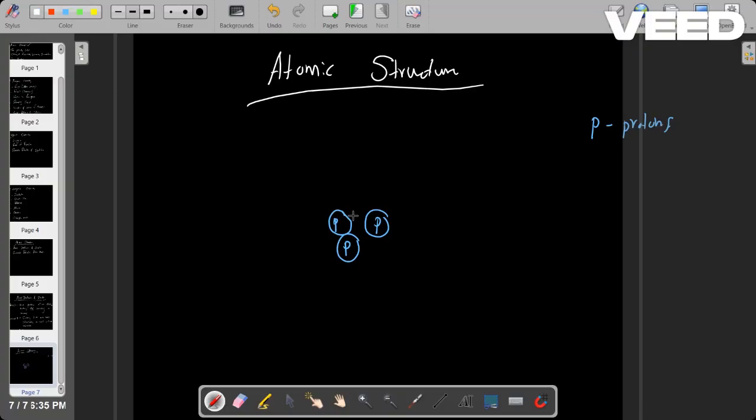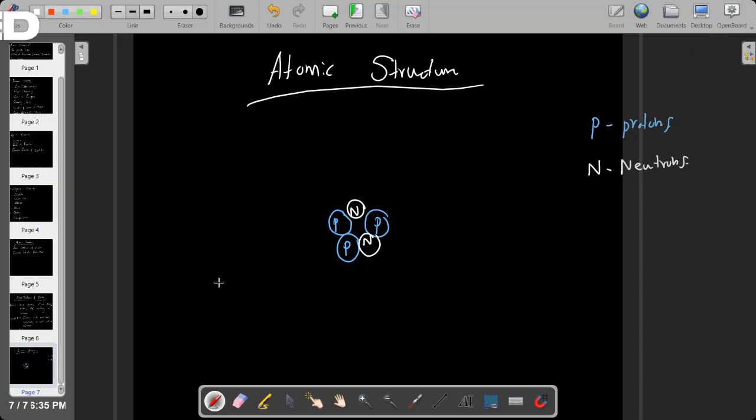And with them they have something called neutrons. N means neutrons. So they are always together, just like the sun in the solar system.